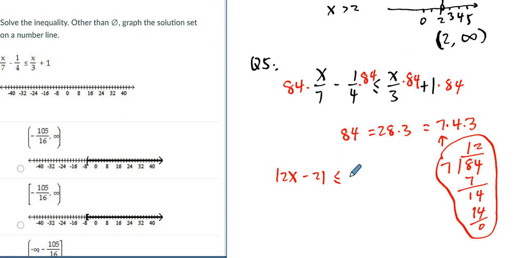And here is 28x. 84 divided by 3 is 28. And do not forget x. And then plus 1 times 84 is 84. No x here.